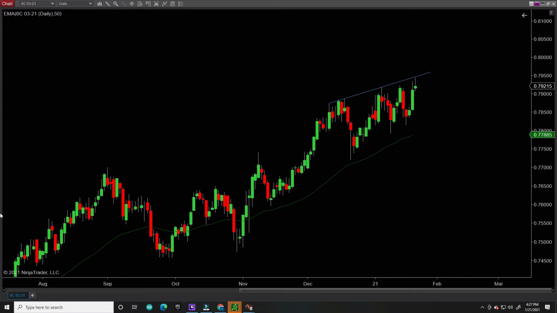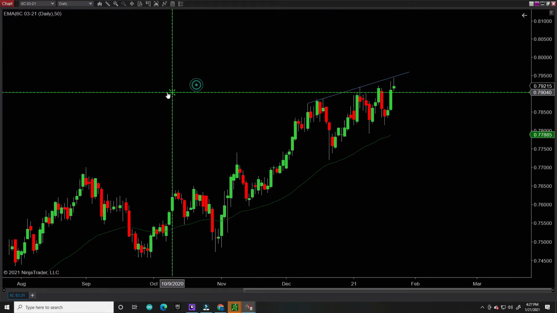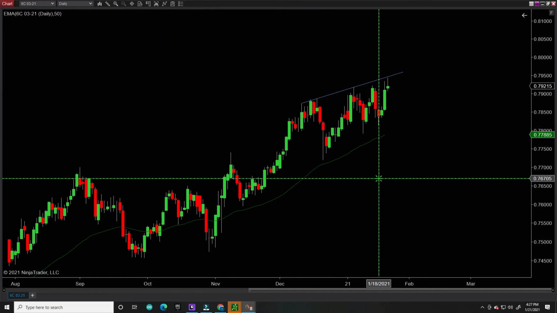However, just see here, I am in this pair at 1.2631. Wait a minute here. Well, I'll tell you what, I'll get back to the price I got into this trade a little bit later. Let's just go through why I got into this trade.